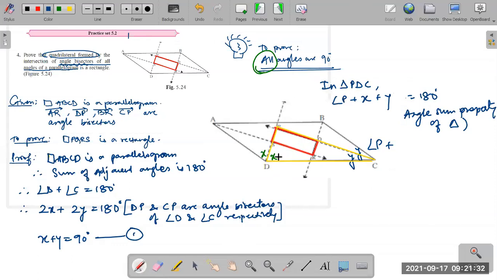So instead of writing only angle D, we should write X. So X and Y, that equals 180 degrees. We know X plus Y is 90 degrees.